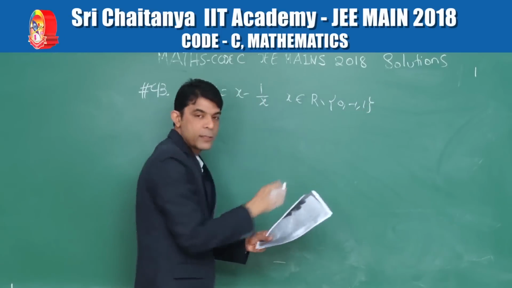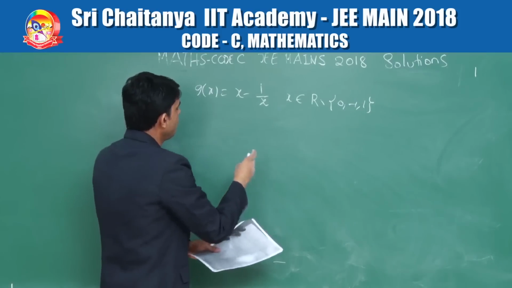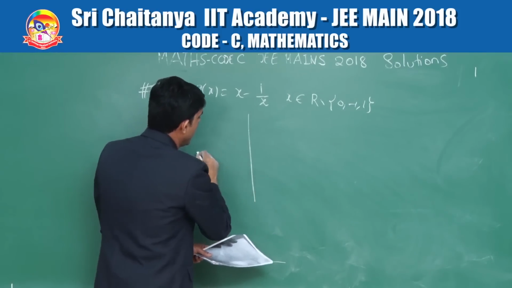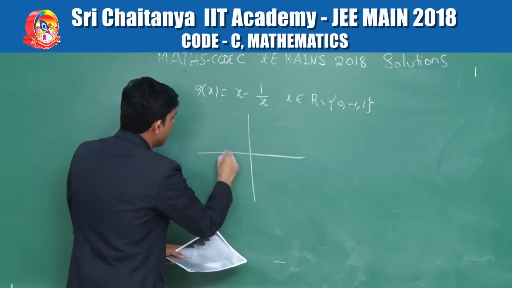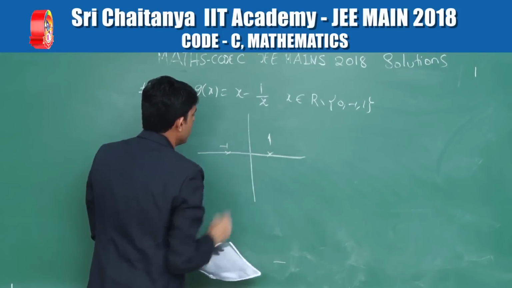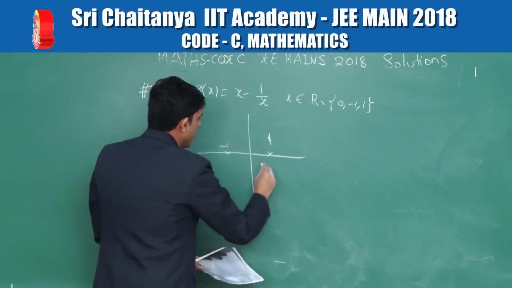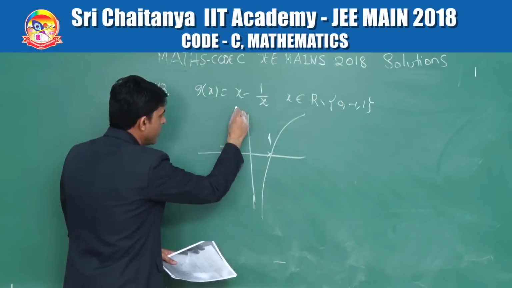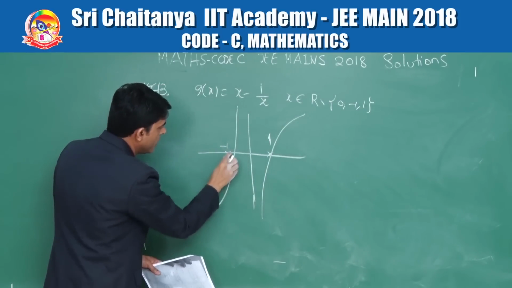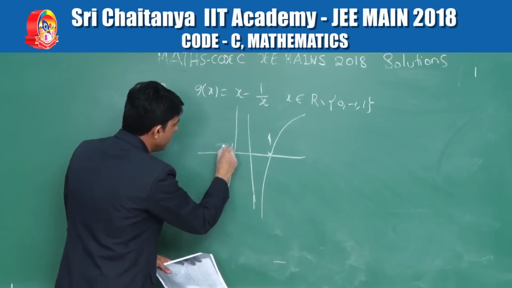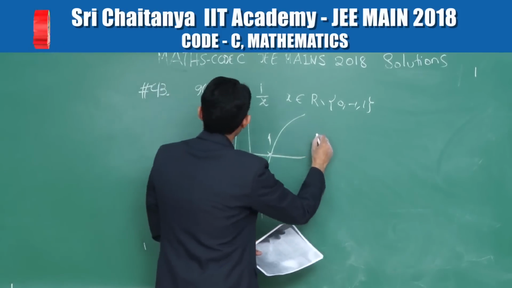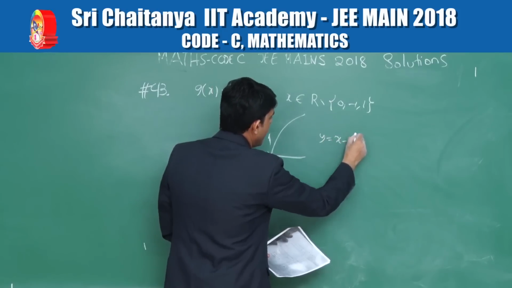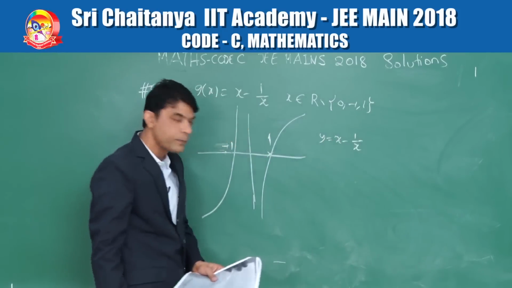These 3 points are not wanted. So the graph will look like this, this is minus 1, this is plus 1. So the graph looks like this, and then it looks like this. So let me write minus 1 here. So this is the approximate graph of y equal to x minus 1 over x.